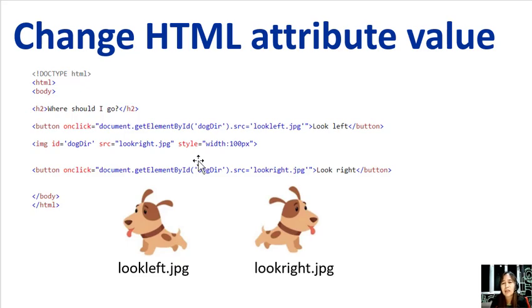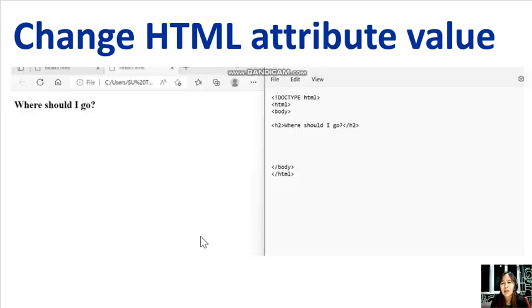You're simply inserting it and displaying it as a default value, such that every time the button look left or look right is clicked, it will change the value of that particular part of your website. So have a look at this.